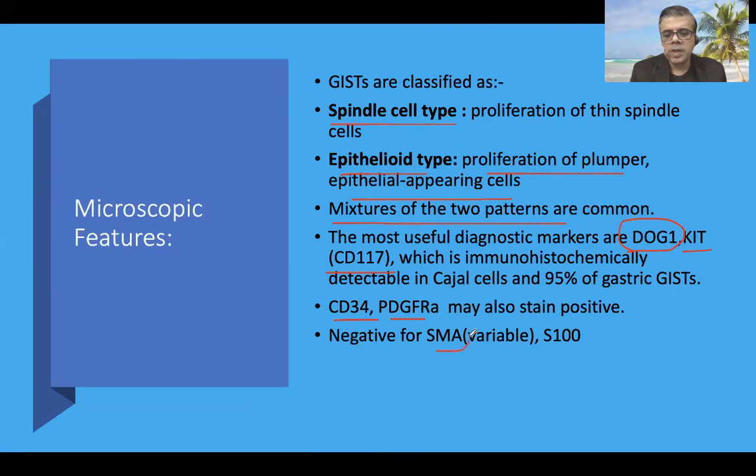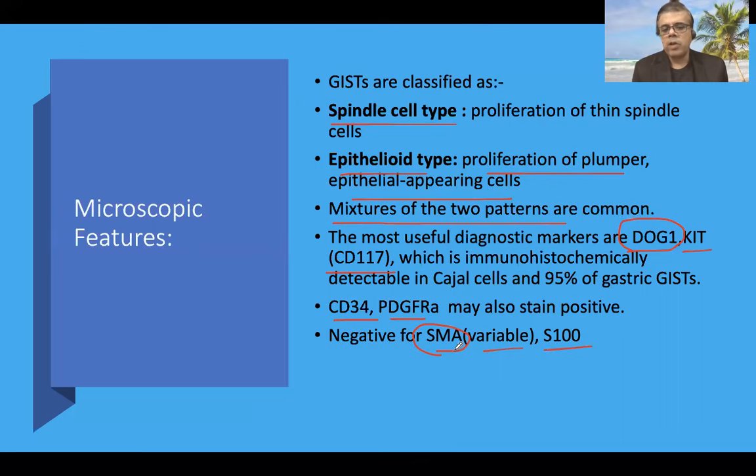Now SMA stain is variable. In the majority of cases SMA is negative, but some cases of GIST may stain positive for SMA as well. In different case series, it has been found that SMA may be positive in them. S100 is strictly negative. Now, to differentiate between the two common mesenchymal lesions, that is leiomyoma and GIST, we may employ desmin, SMA, and CD117.